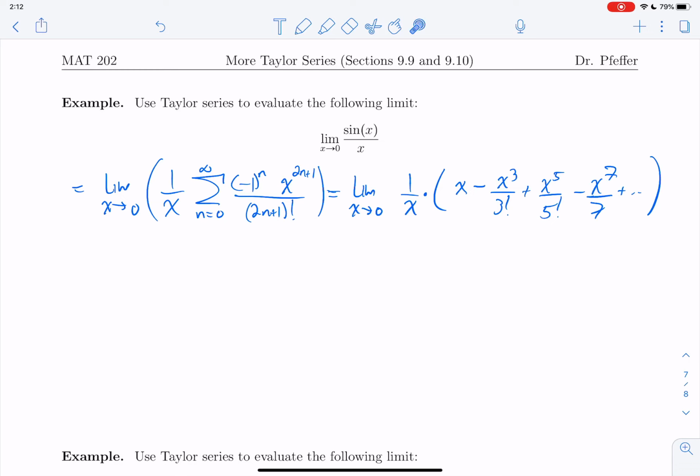And the key thing here is when I distribute by this 1 over x, every single other term will have an x in it, but the first term won't. So it's exactly the same situation as before.